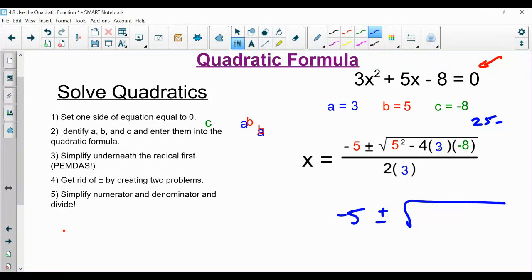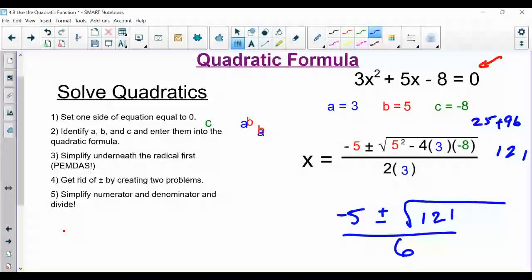Negative 4 times negative 24 would be 96. And then 25 plus 96 would be 121. Okay, so negative 5 plus or minus the square root of 121 over 6.